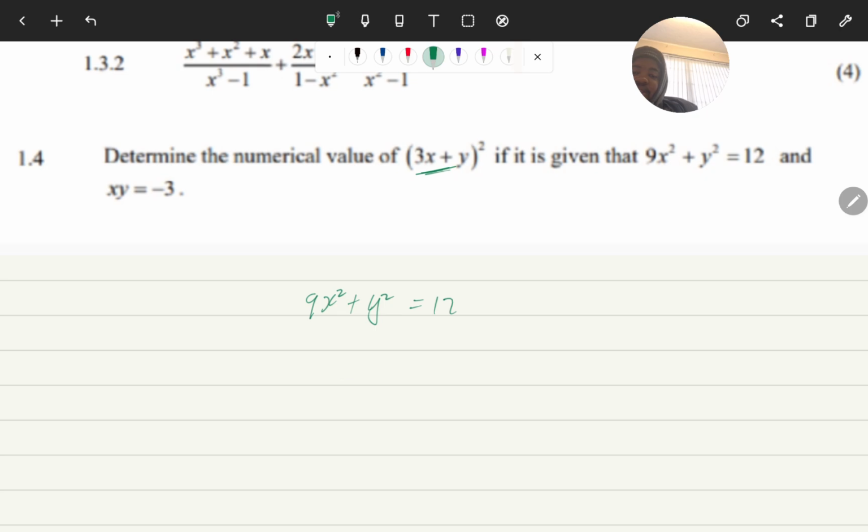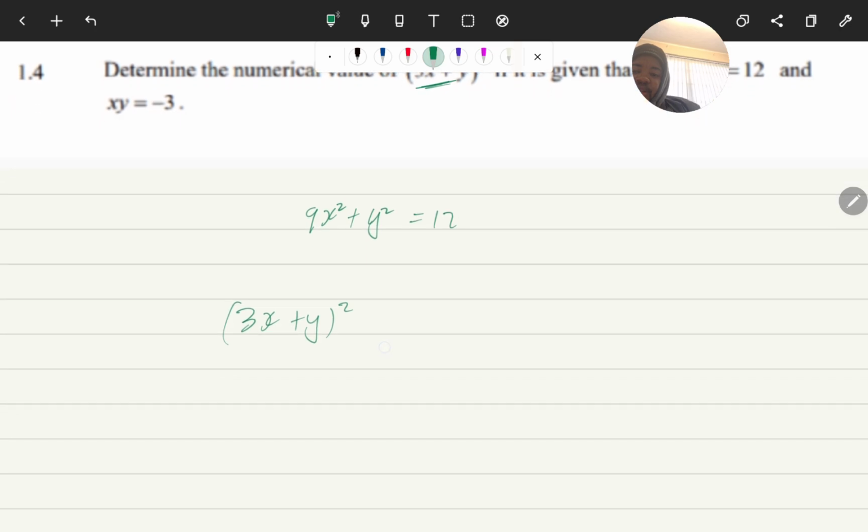So I'm thinking let's expand it first. 3x plus y. If we expand this now, there's a method that I taught you guys which is very simple, very easy, straightforward. You square these two, you have 9x squared. You multiply them together and then multiply by 2. So you have 3xy multiplied by 2, that is 6xy, right?